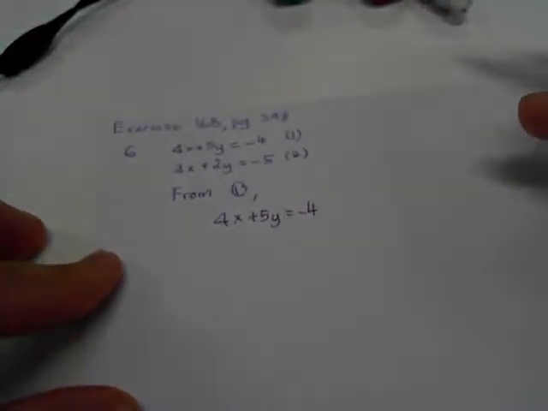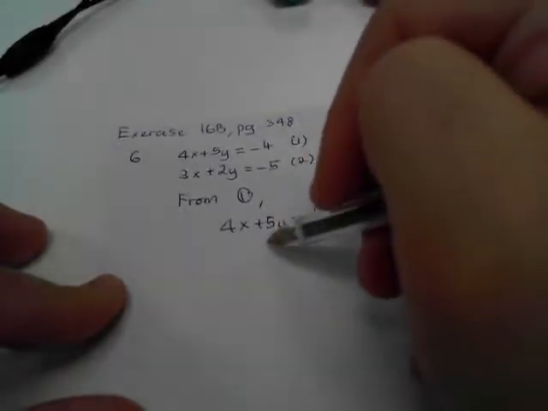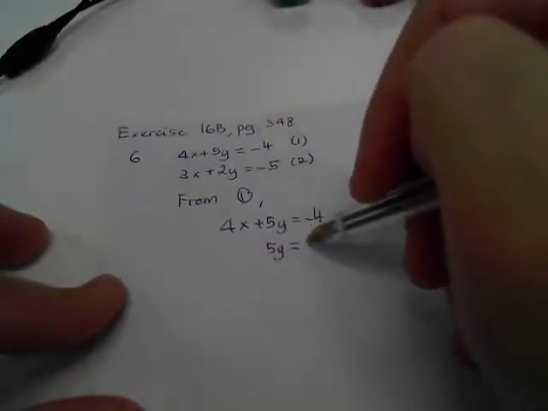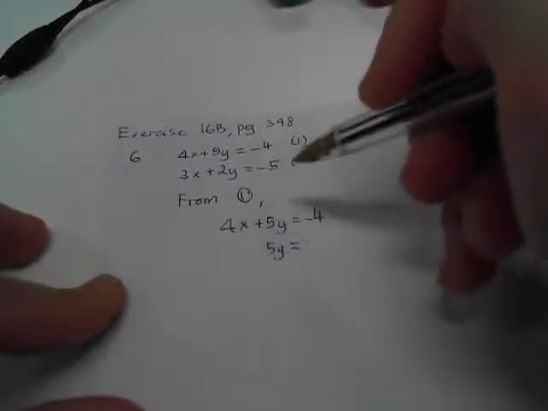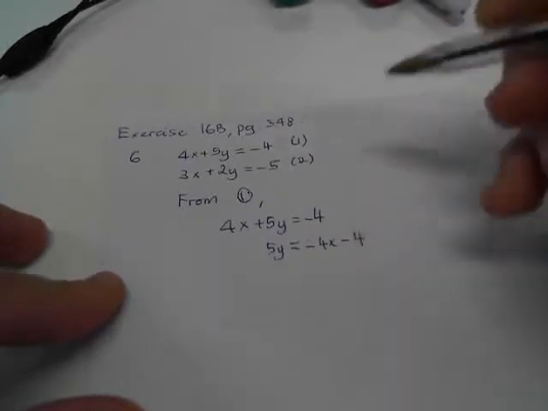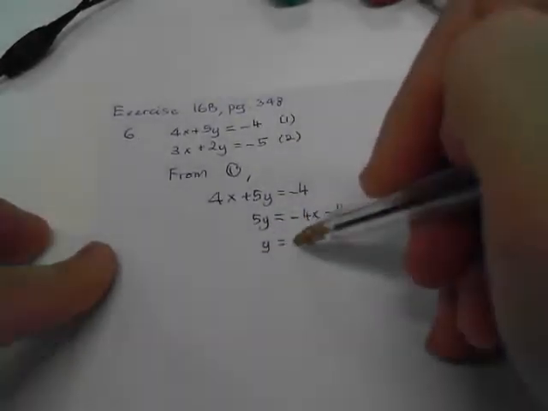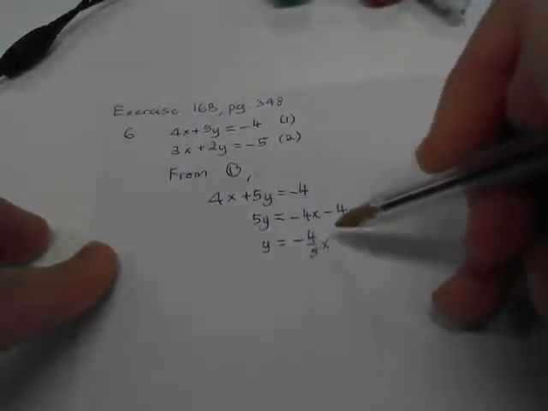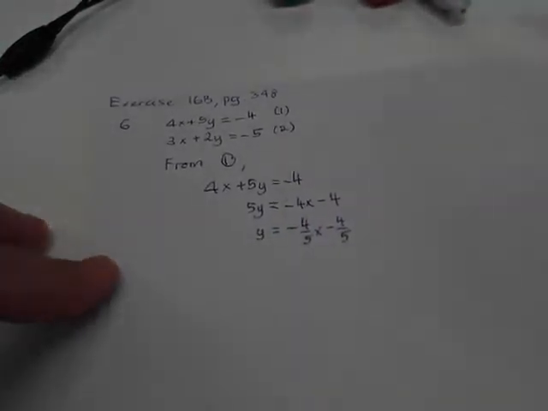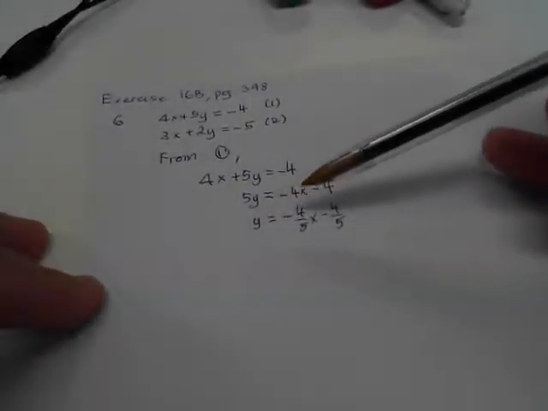If we want y to be the subject, we have to make sure that y is on the left hand side. So 5y will be on the left hand side, and you bring over 4x to the right hand side, so it becomes -4x - 4. Because we want only y, y = -4/5 x - 4/5. So we have rearranged this so that y is the subject.